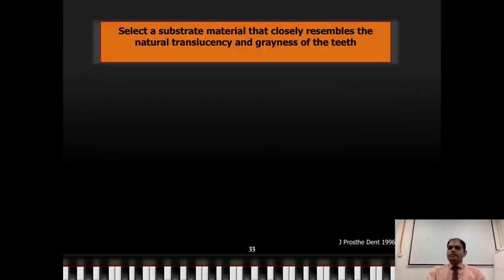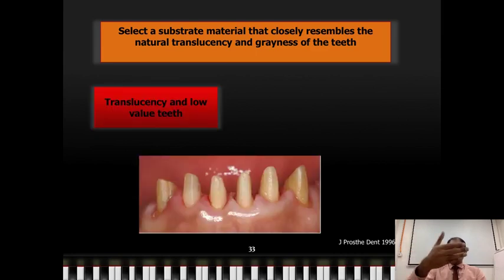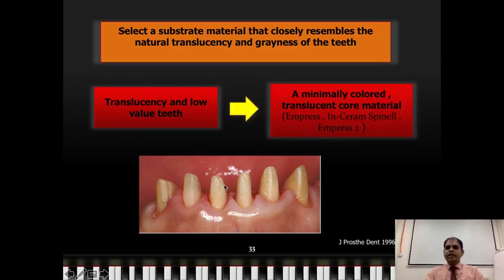So select a substrate material that closely resembles the natural translucency and grayness of the teeth. Let's say after we do the tooth preparations, we see that the prepared tooth has a good amount of translucency but low value. A minimally colored translucent core material such as Impress, Inceram Spinel, or Impress 2 will be suggested.